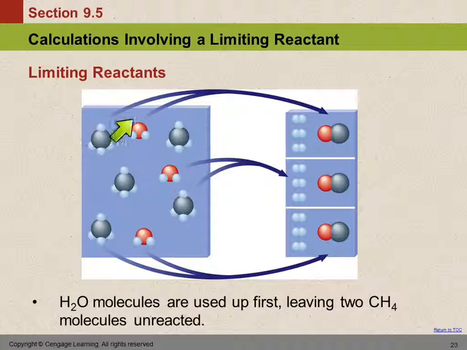Well, 1 methane reacts with 1 water, and forms the products. And here this one and this one could react, and these two could react. And what's left? Well, we've got methane left over. We have all the water being used up. Water is the limiting reactant. Water's the one that gets used up first, and that is the limiting reactant. So this is the more conceptual idea behind these calculations that we're going to do.